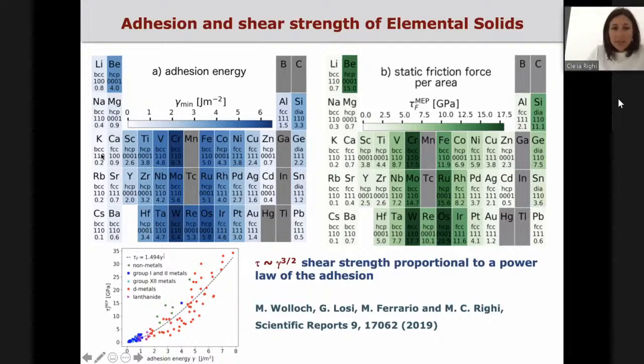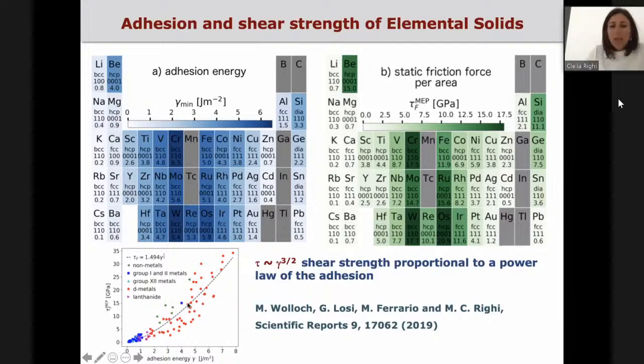Here is reported the adhesion energy for the lowest energy surface, and here on the right the corresponding shear strength. These parameters that are obtained from first principles can be used as input parameters for larger scale models, and their analysis allows us to derive general trends.